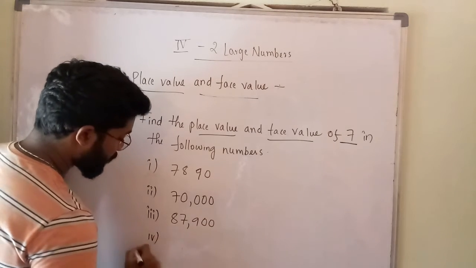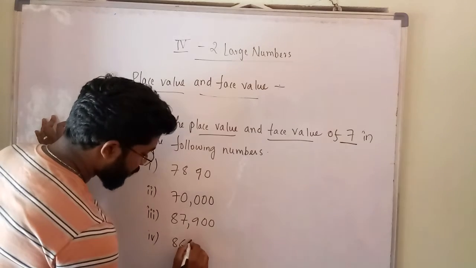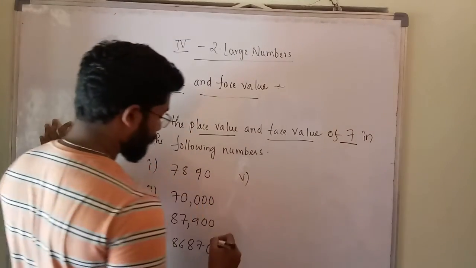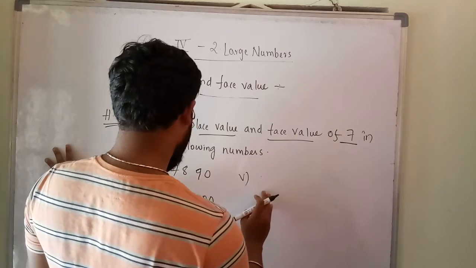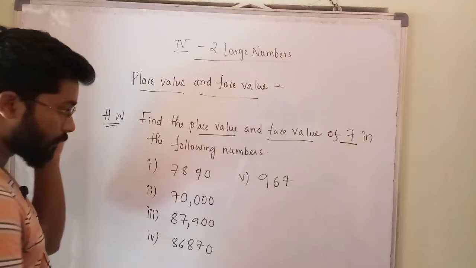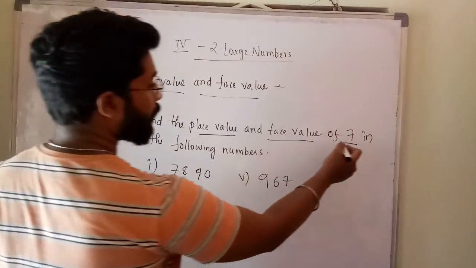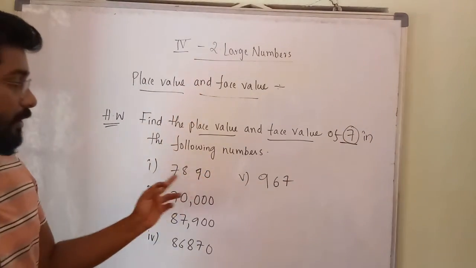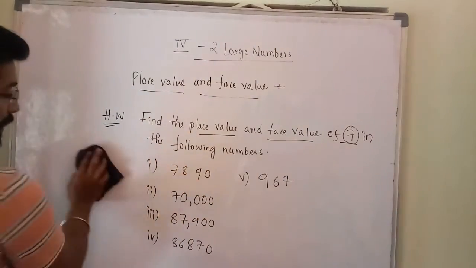Fourth question is 86870. Fifth question is 967. In every number you have to find the place value and face value of only 7. By next class you have to complete this.